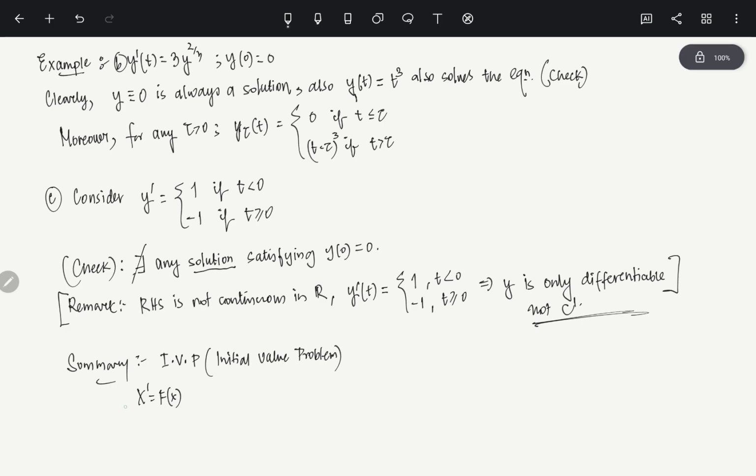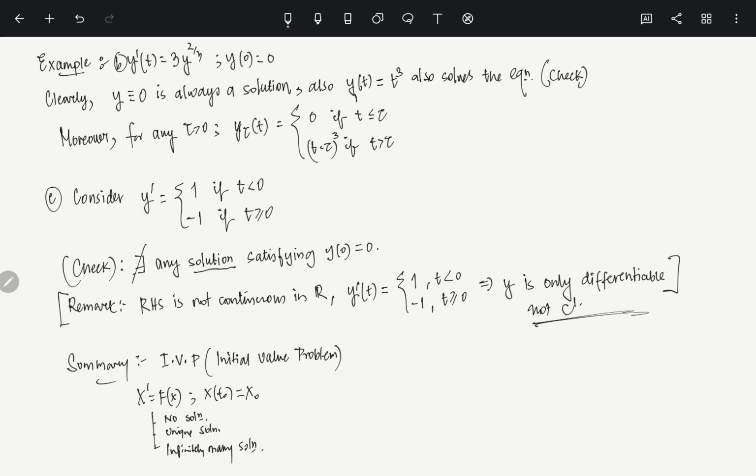For this system, essentially what we have seen is this: x at the point t naught is x naught. There may be no solution, there may be a unique solution, or there may be infinitely many solutions.